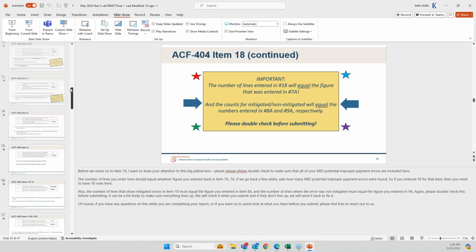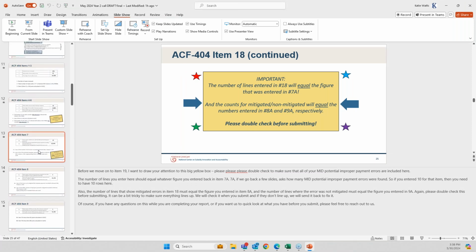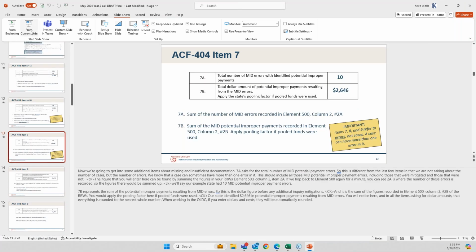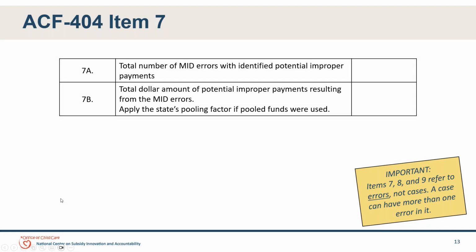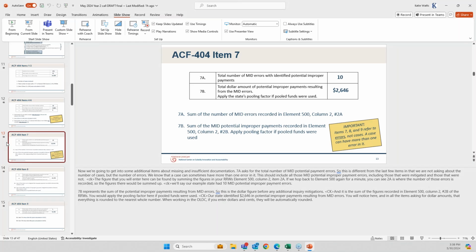if we go back a few slides, I just want to show what that one is. 7A is the total number of MID errors with identified potential improper payments. So if you have 10 identified potential improper payments caused by MID, then there are going to be 10 rows entered in item 18.